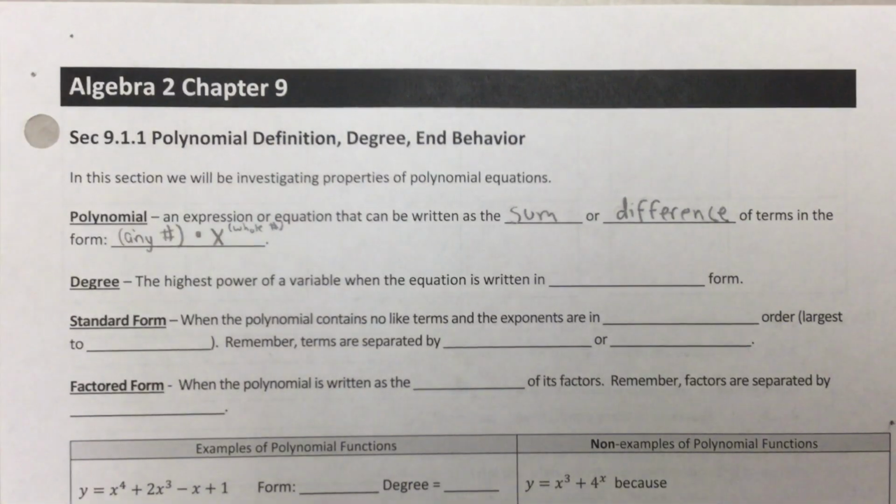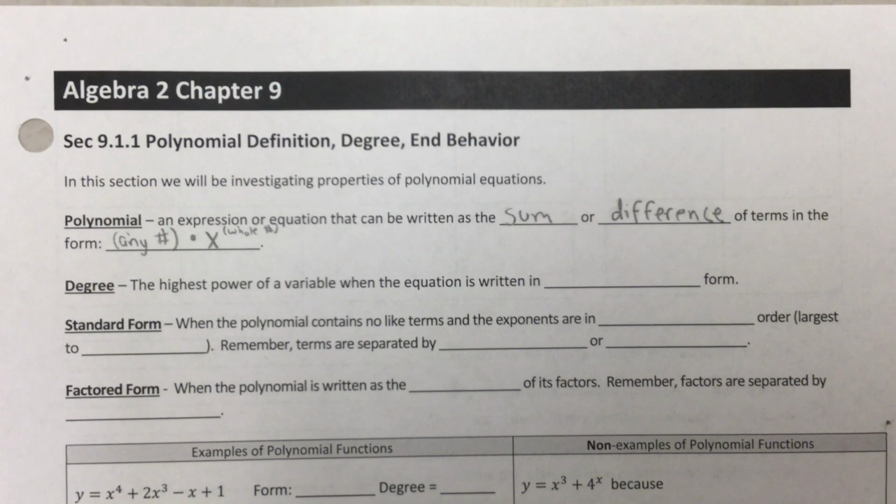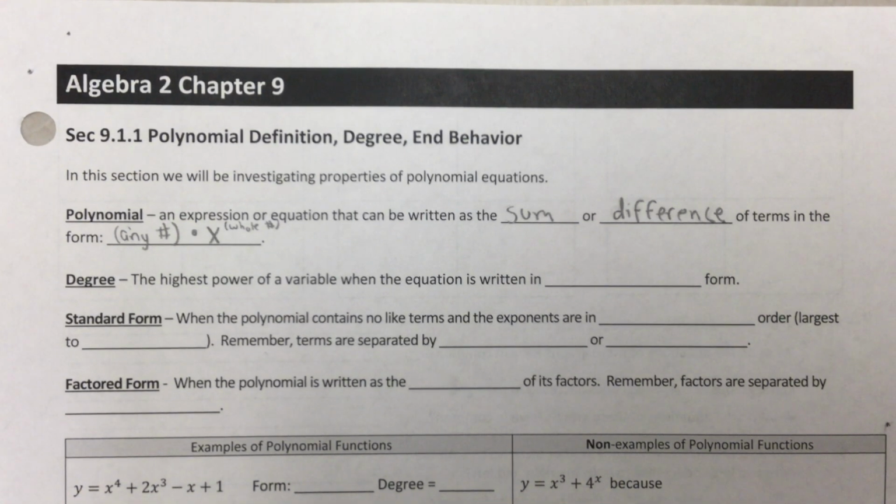So remember, whole numbers start at 0 and then 0, 1, 2, 3, 4. So it can't be a decimal and it can't be a negative exponent either. If it's a negative or a decimal exponent, then it is not a polynomial.